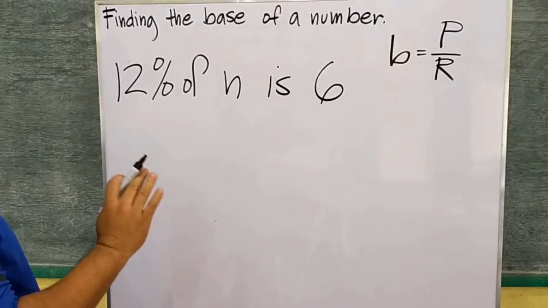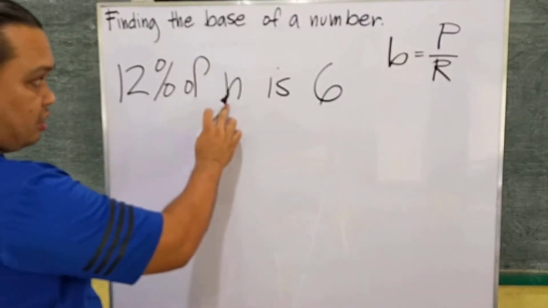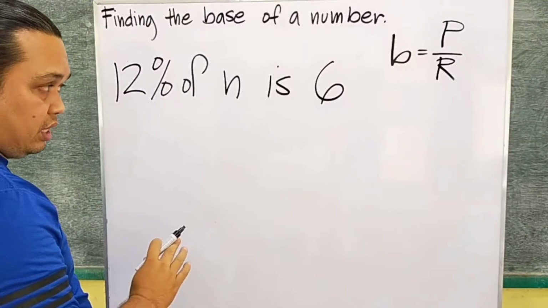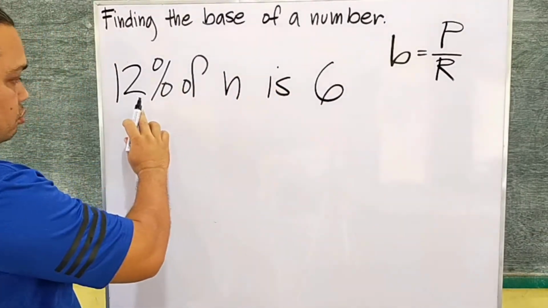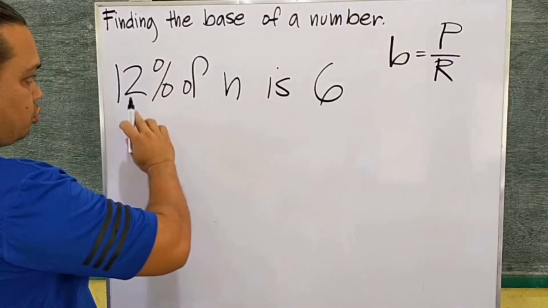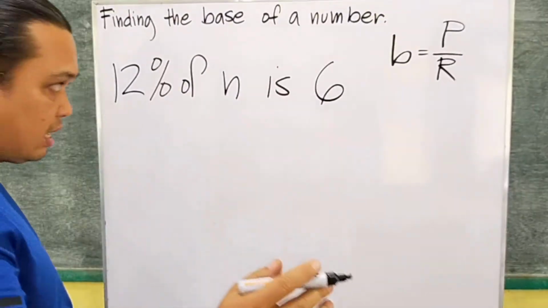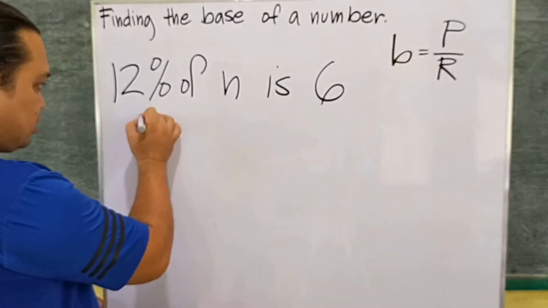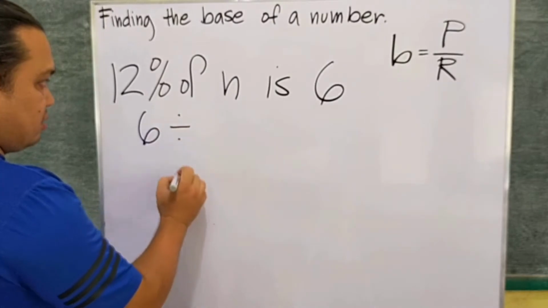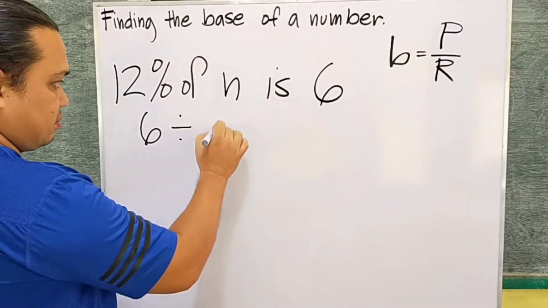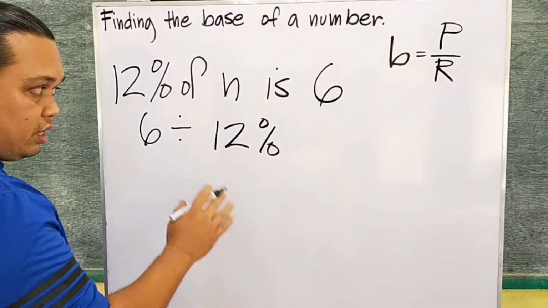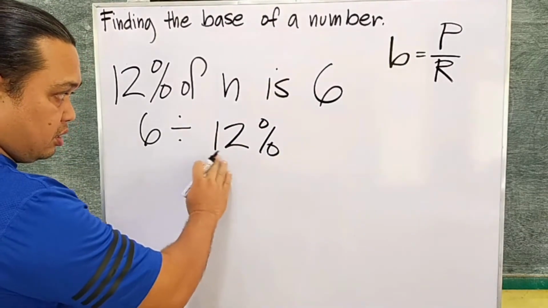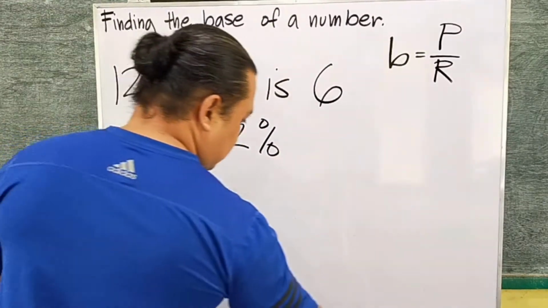So for us to find the base here, all we need to do is divide 6 by 12%. To do that, we need to change first 12% into a decimal number.